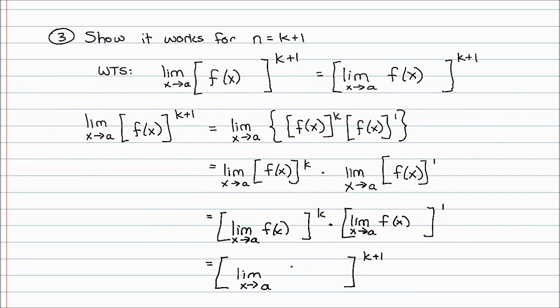And again, I can do this because the limit of the function exists. Now remember what we wanted to prove. We wanted to prove that the limit as x approaches a of the k plus first power of f of x is equal to the k plus first power of the limit. And look, through a chain of equalities, we have shown that this is true. This is equal to that. We have shown it's true.